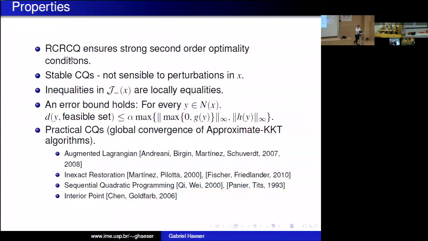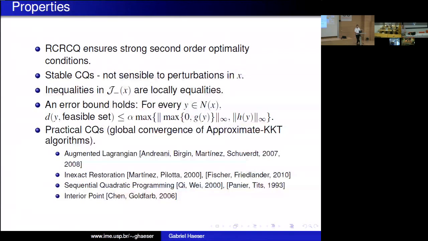This is the only thing I will tell you about second-order optimality conditions. It turns out that the relaxed constant rank can be used to ensure the strong second-order optimality condition. The strong one is the one that I presented in the first lecture. Typically, when nonlinear programming books deal with second-order optimality conditions, they impose linear independence.